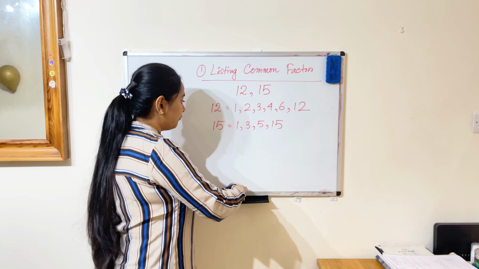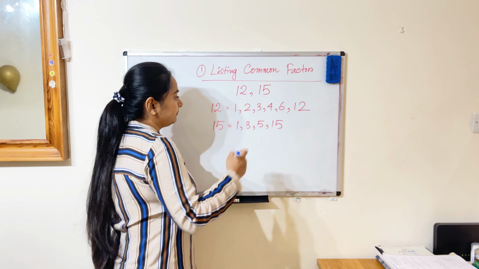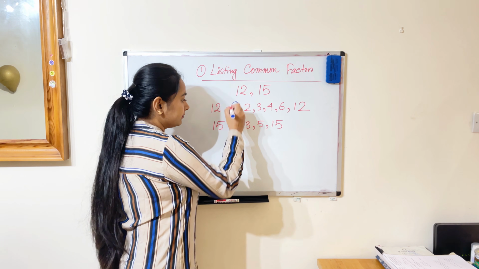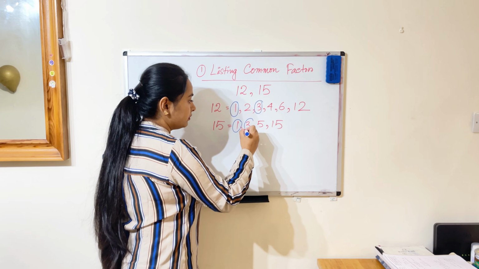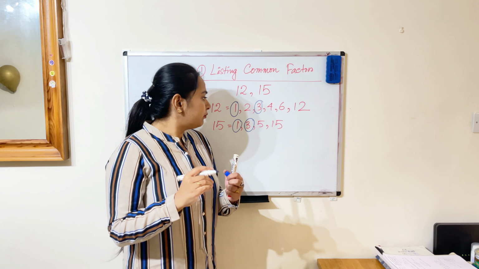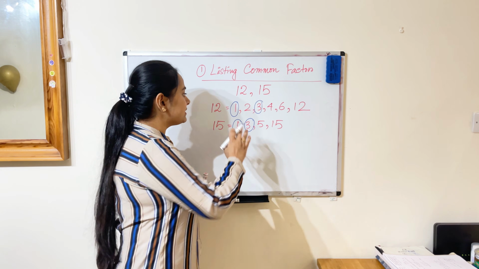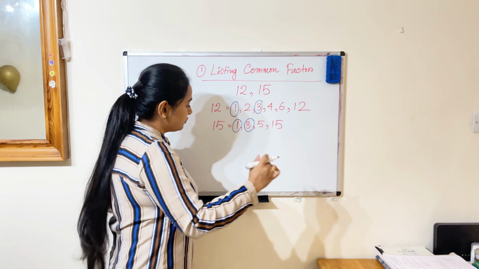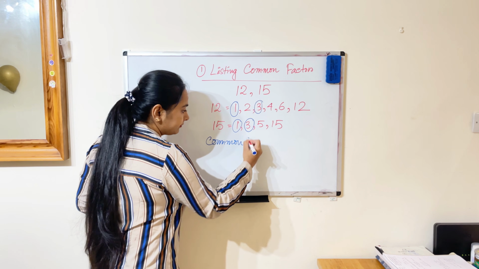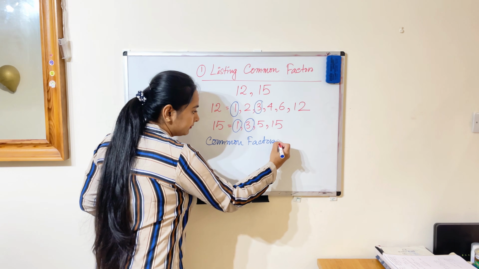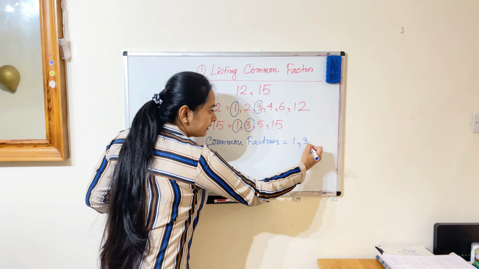So see, from these two, 1 is common, and 3 is common between these two. So we have found these two common factors. What are the common factors? 1 and 3, right?